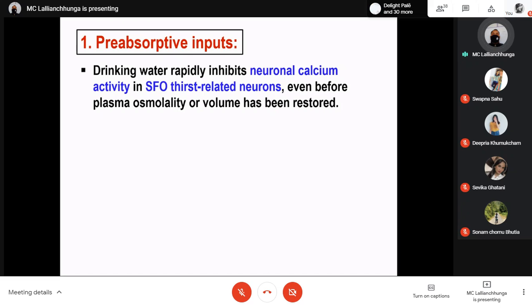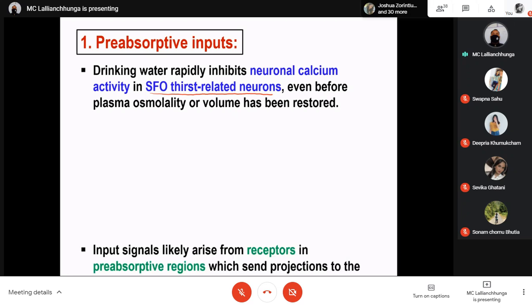So this is a neuronal signal. Within seconds, these SFO thirst-related neurons are inhibited by drinking of water.